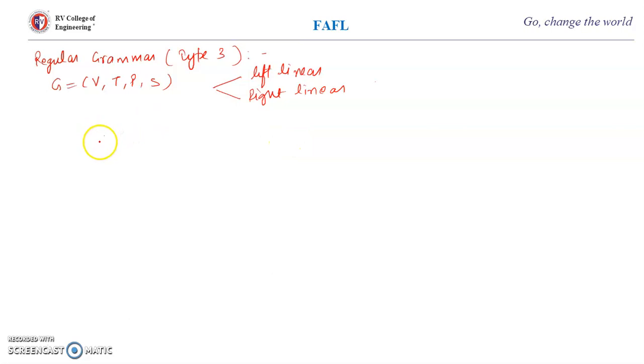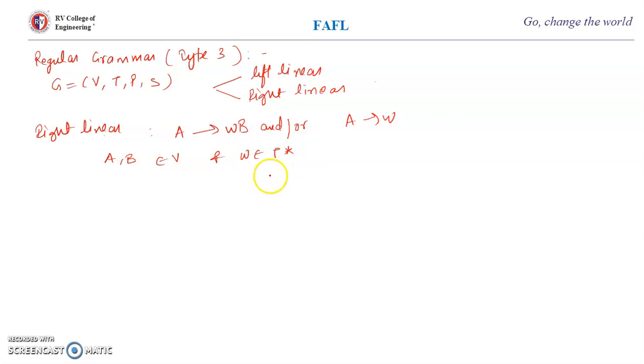Now we say that a grammar is said to be right linear if all the productions are in this form: A to wB, or A to w, where A and B are non-terminals and w is some set of terminals, or it can be epsilon also.